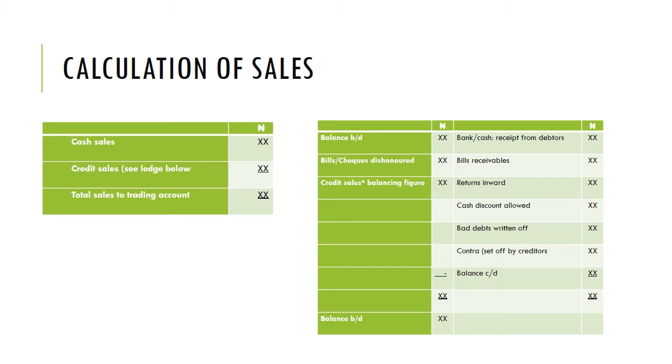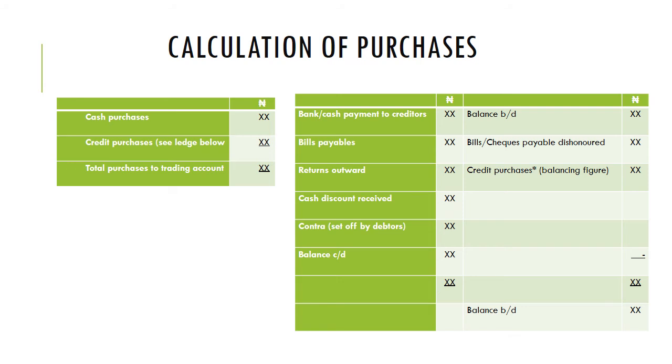While the credit sales, you need to calculate based on the ledgers of your debtors: the amount you sold on credit, what they have paid back, and those things that have reduced their total indebtedness. So in that sense, we will need something they call the total debtors control account or sales control account, whereas the calculation of purchases is just the opposite, on the right side.